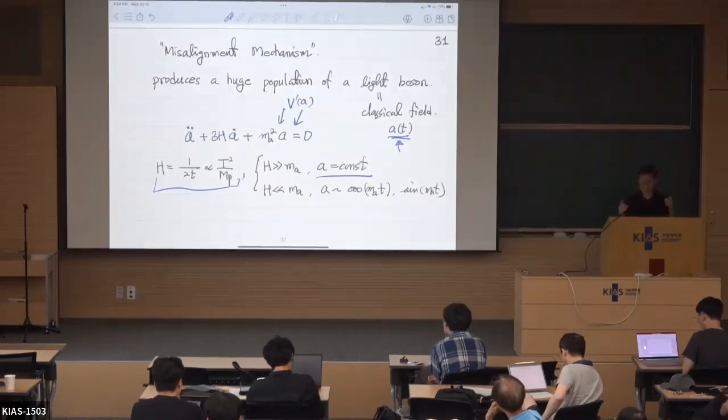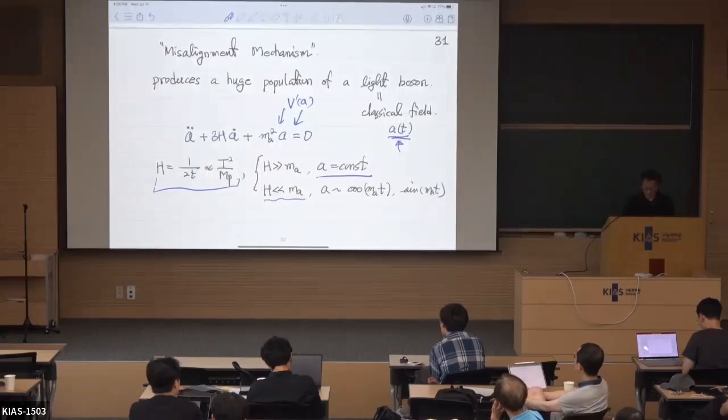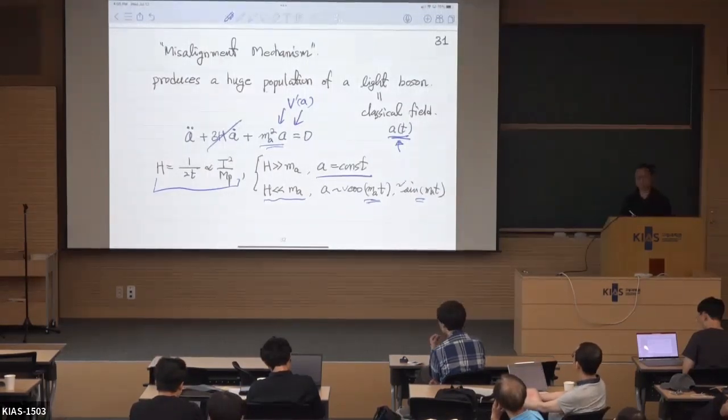This is a huge friction, so if you start from a constant A, it stays. But if H is much smaller than m_a, you forget about this term, and this is a harmonic oscillator. So you have two solutions, and depending on the initial condition you put, you can determine the coefficients in front of these two harmonics.